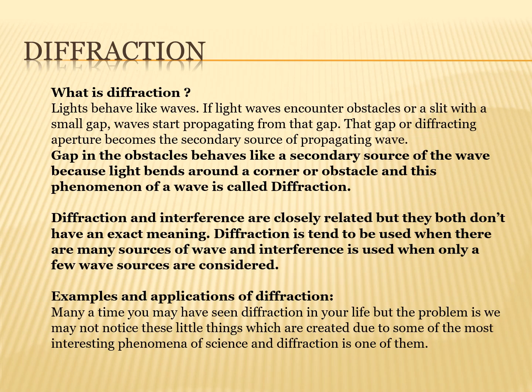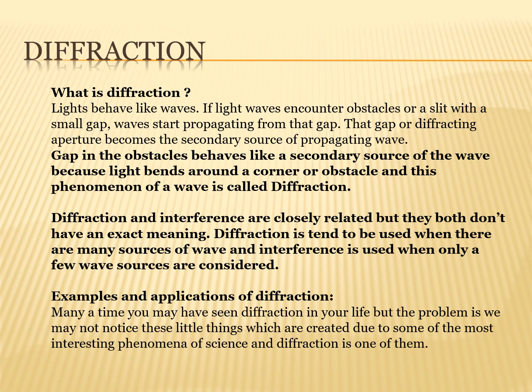Coming to the next phenomenon of light, diffraction. Diffraction is the bending of a light ray near an obstacle. Light behaves like waves. If light waves encounter obstacles or a slit with a small gap, waves start propagating from that gap.